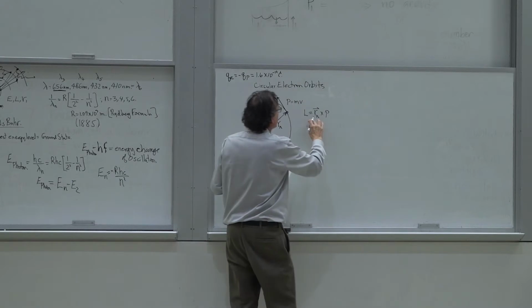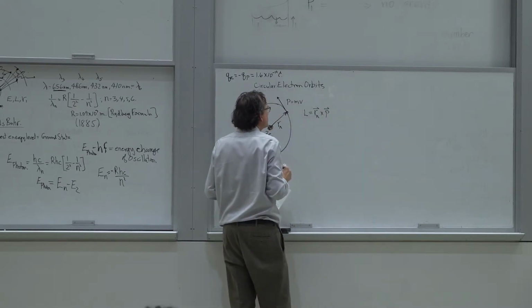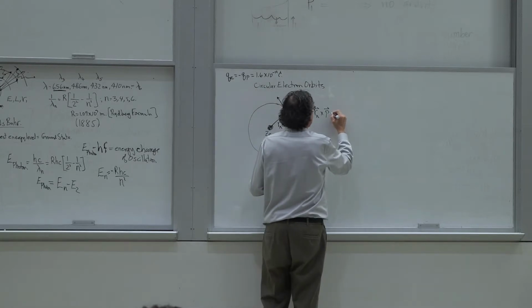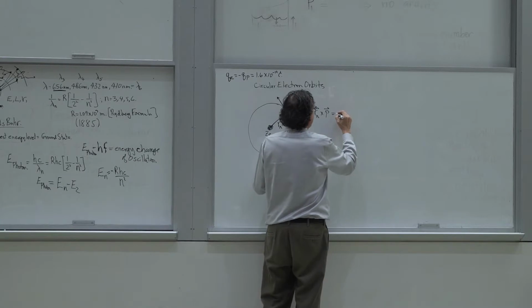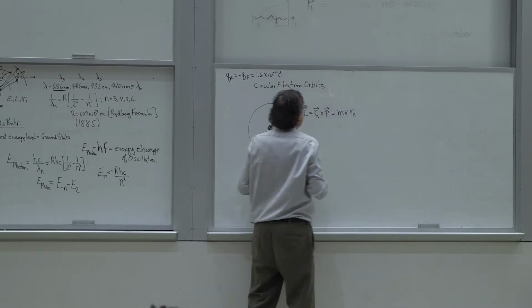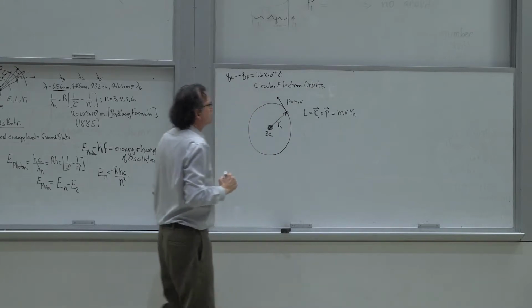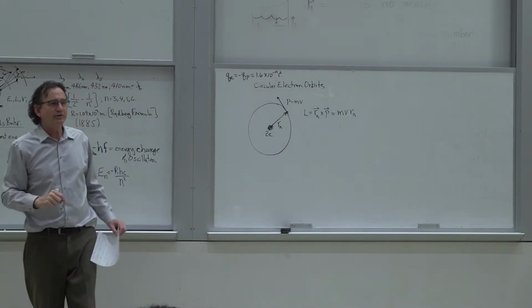And if r and p are perpendicular, the cross product is just equal to the scalar product of the two quantities, and this becomes mv times r sub n. That is an expression for the angular momentum of a particle going around in a circular orbit.